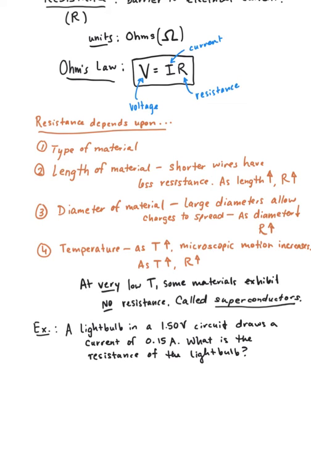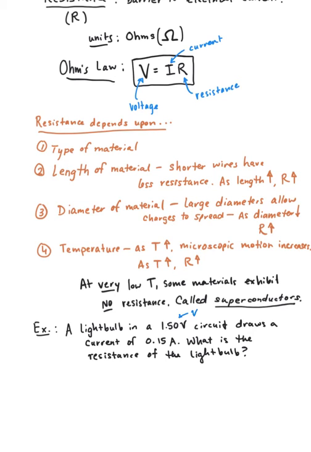So let's use Ohm's law to think about our circuit with just one light bulb in it. A single light bulb in a 1.5 volt circuit, we saw drew a current of 0.15 amps. Let's calculate the resistance of that light bulb. How much was it resisting the flow of electricity in the circuit that we drew in the previous slide?